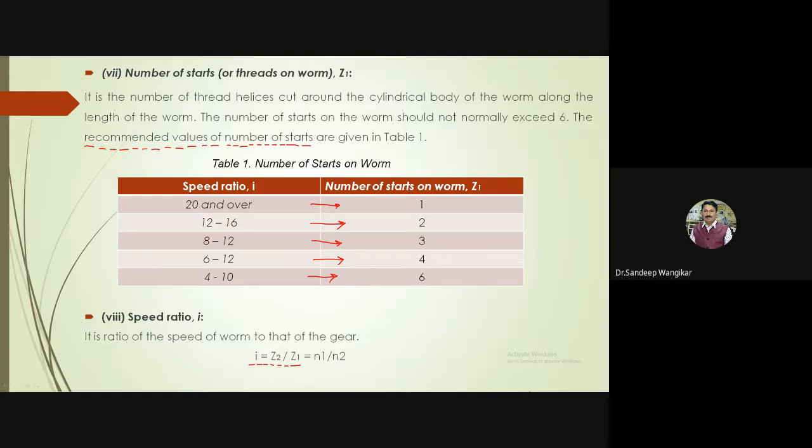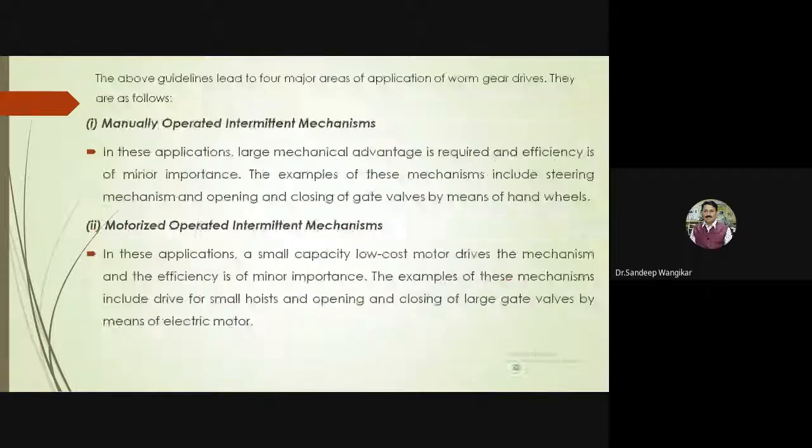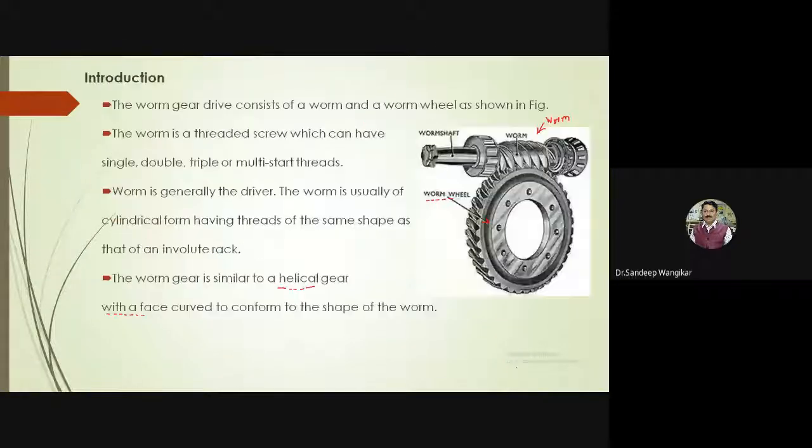The speed ratio is nothing but I is equal to Z2 by Z1, number of teeth on worm wheel divided by number of starts, or it is also equal to N1 by N2 in revolutions per minute, RPM. So this is about the worm and worm wheel.